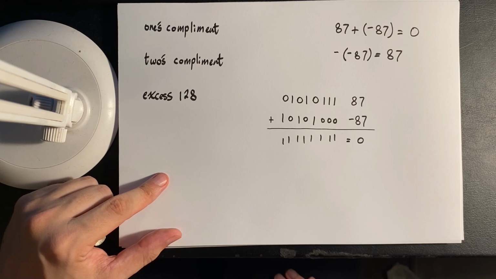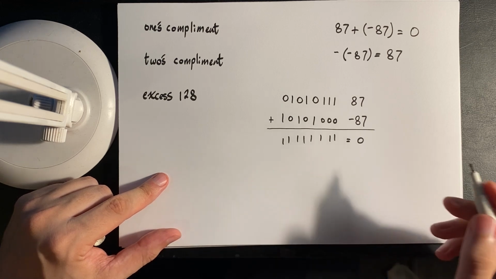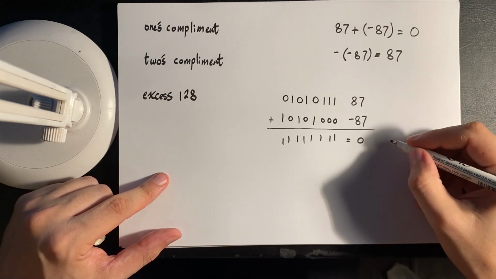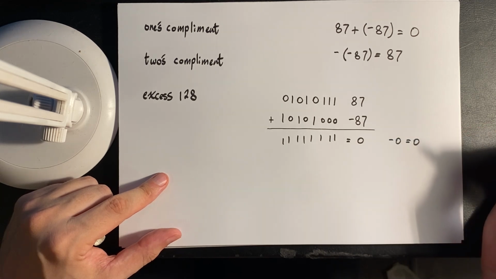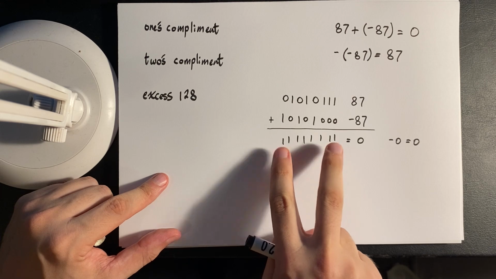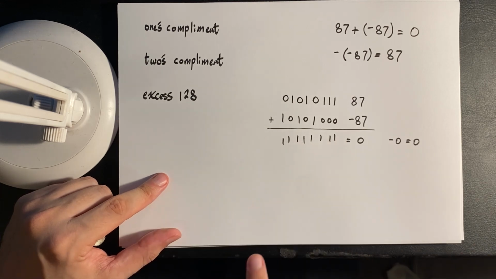And another way to think about that is, if the definition of a negative number under 1's complement is simply inverting the bits, flipping everything over, then all 1's needs to be 0, because we also have the property that negative 0 has to be equal to 0, right? So if I take this number, flip all the 1's, I would get all 0's, and by that logic, it's linked up. So this is 1's complement.